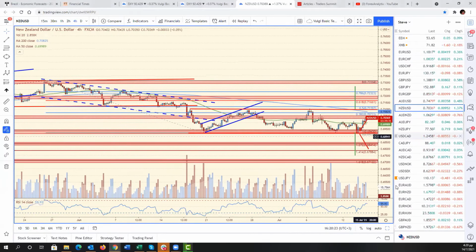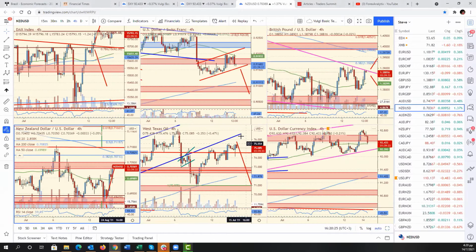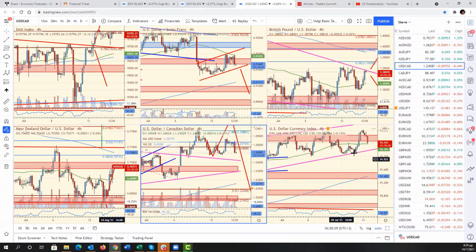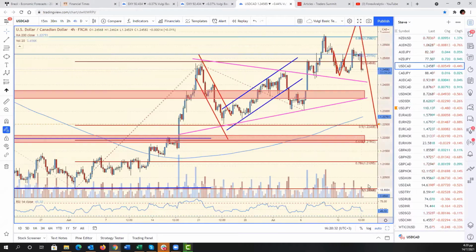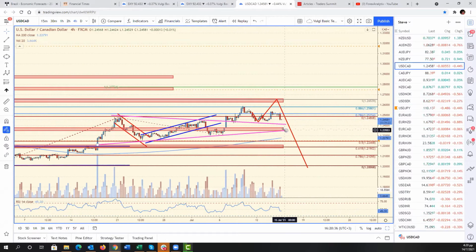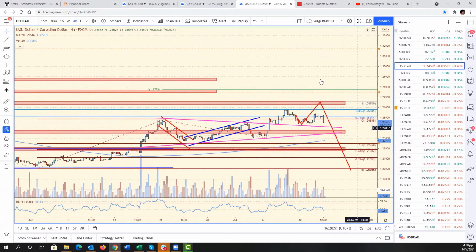Let's go to USD CAD. There we go. Here's the USD CAD, still holding above the broken triangle trend line resistance, but on the other hand, still failing to accelerate higher, right?